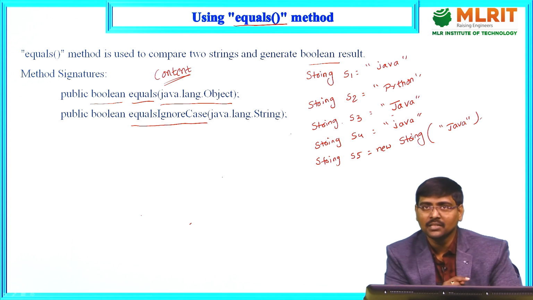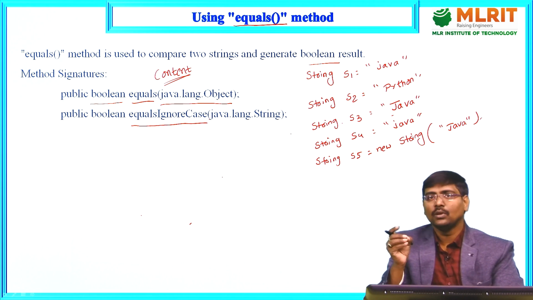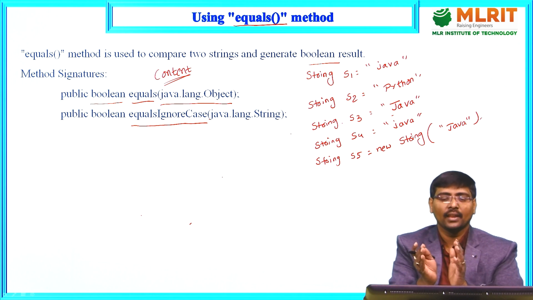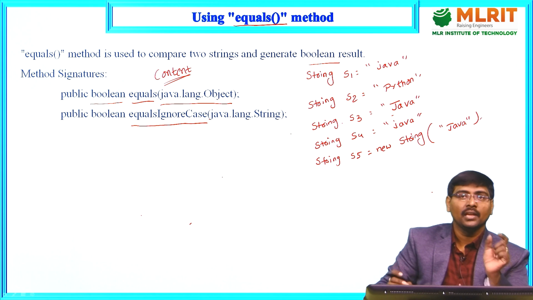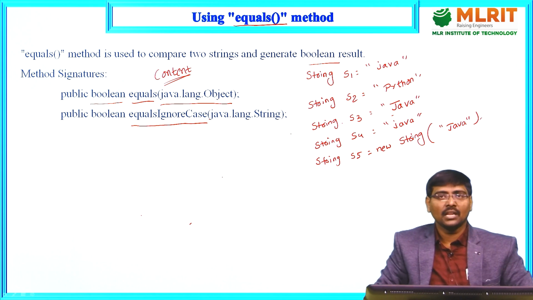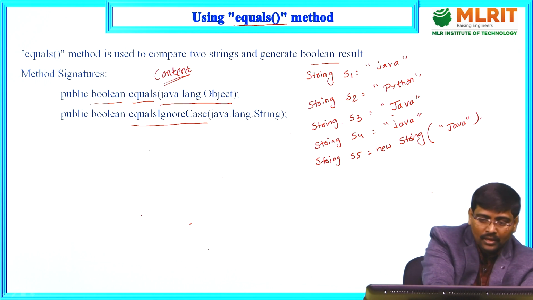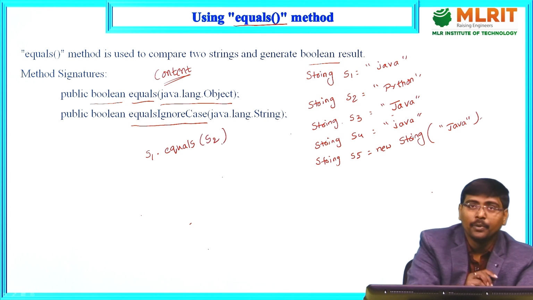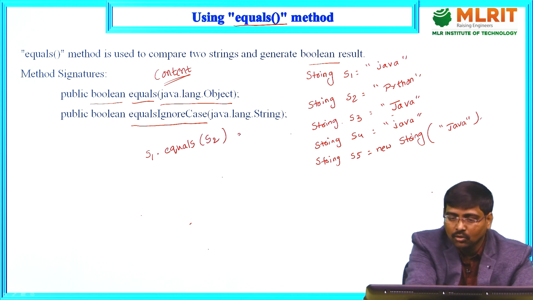Now second one is equalsIgnoreCase. What is meant by this one? Actually this equalsIgnoreCase means both uppercase and lowercase are treated as the same. If the letter is the same, then it is fine. Upper and lower are considered the same. Now S1.equals(S2). If you print the statement, what is the output?